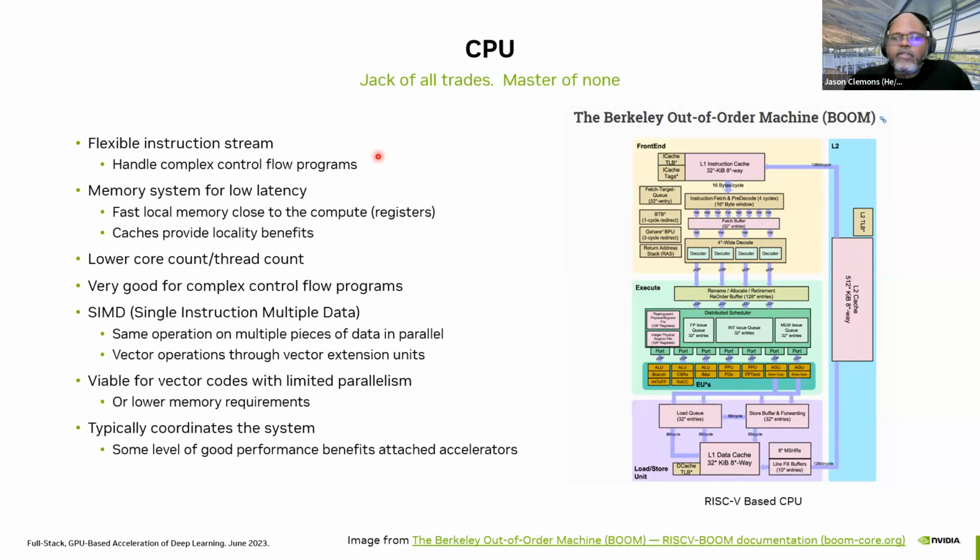As I mentioned before, these things are so good for complex control flow. They are doing techniques to deal with instruction level parallelism. They're saying, hey, these 2 instructions aren't dependent upon each other, so they can go out of order and then it'll put them back in order, and it does all these things. And the other thing that it is common for CPUs to have is some sort of vector unit attached to it, a SIMD engine, as we call it, where you have a single instruction and a vector of values that you're going to operate on.